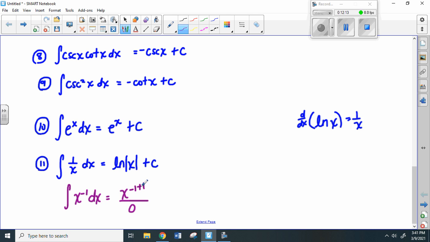What do I get when I add those two things together? Then I have division by 0. And just the fact that you can't divide by 0 is how you know this is a special integral. It has its own special rule, and it is the natural log of x. So I just wanted to point that out.